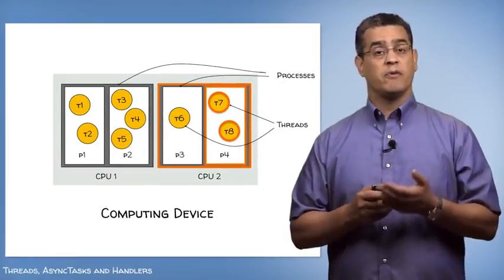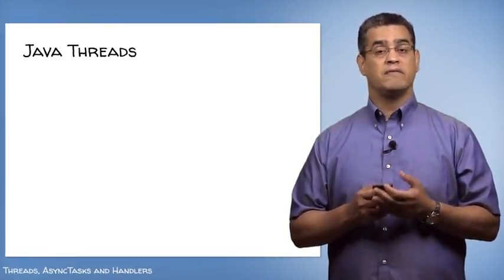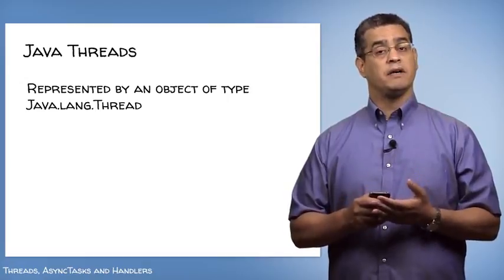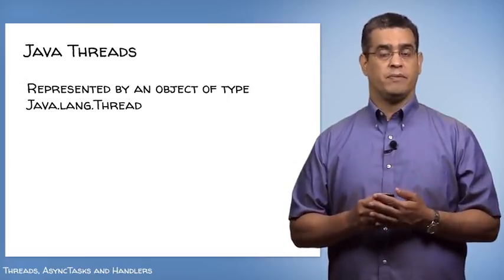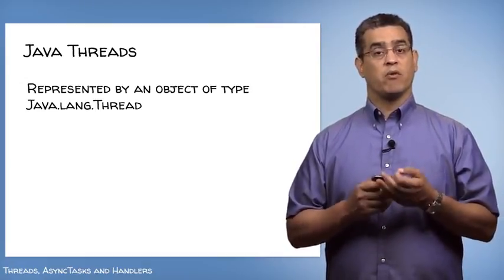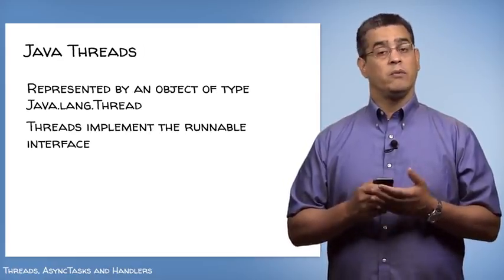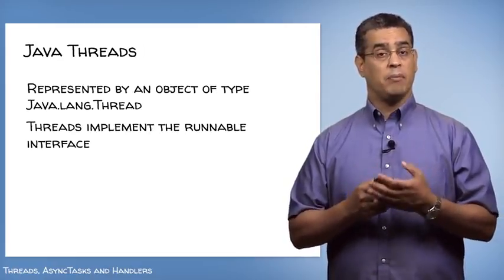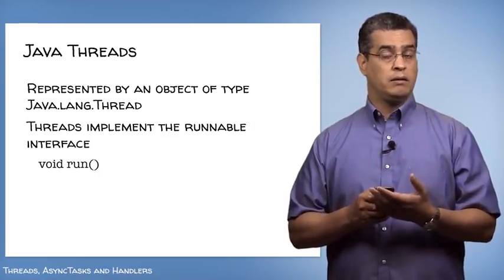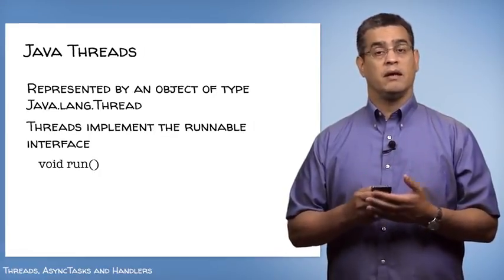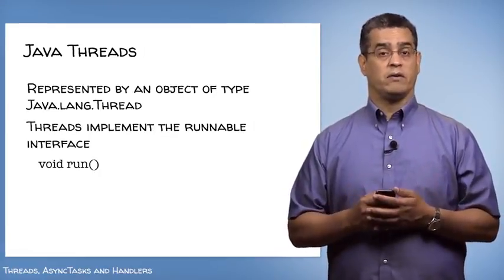In Java, threads are represented by an object of type Thread in the java.lang package. Java threads implement the Runnable interface, which means that they must have a public method called run that takes no arguments and that has no return value.